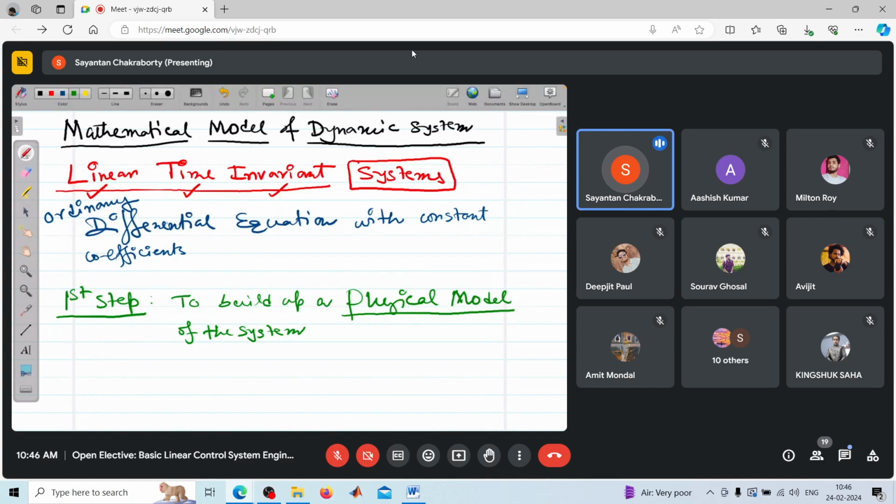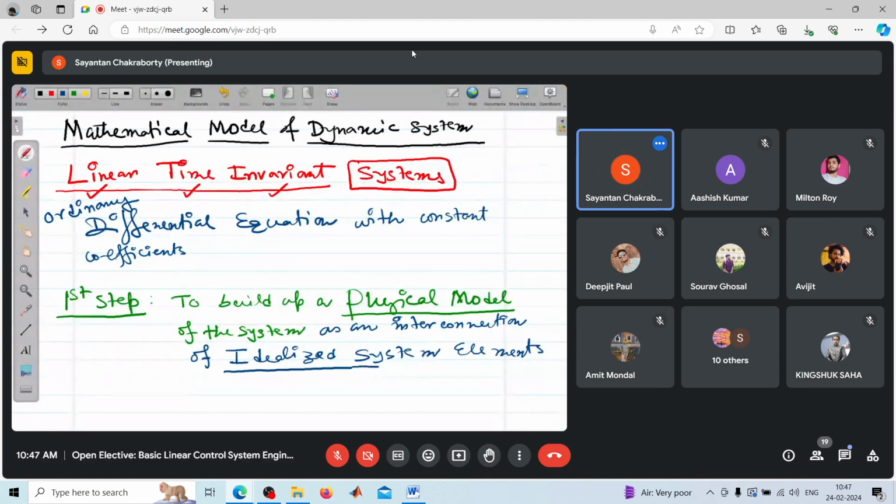This physical model is not any ordinary physical model, but an interconnection of idealized system elements. This is very important.